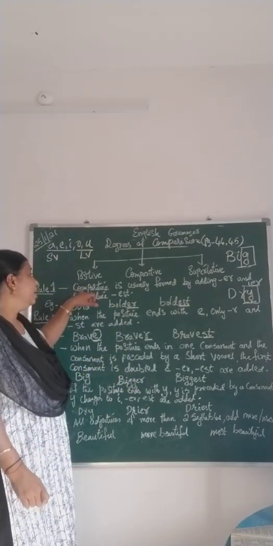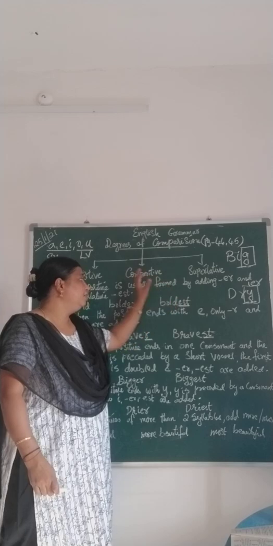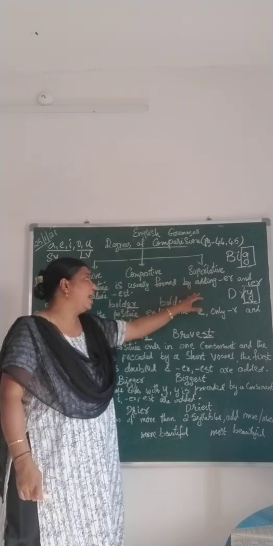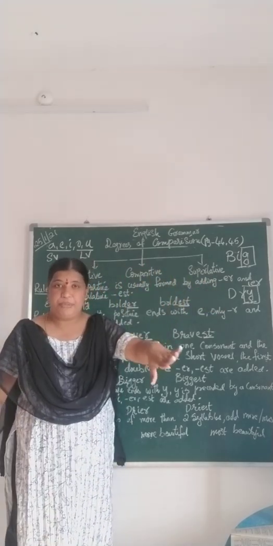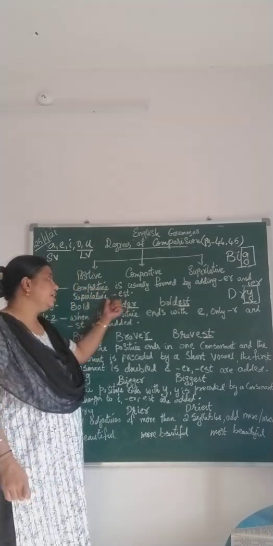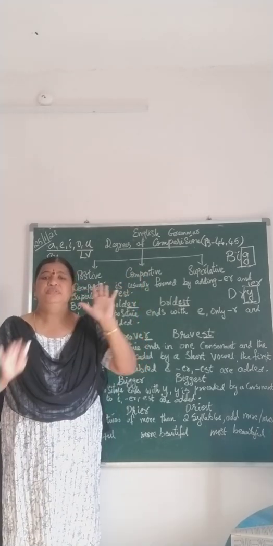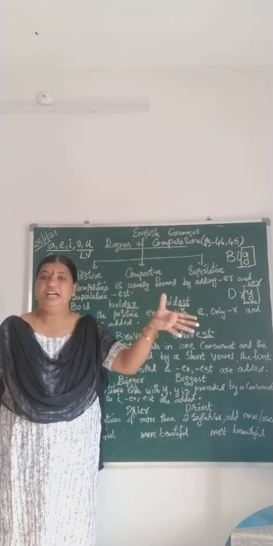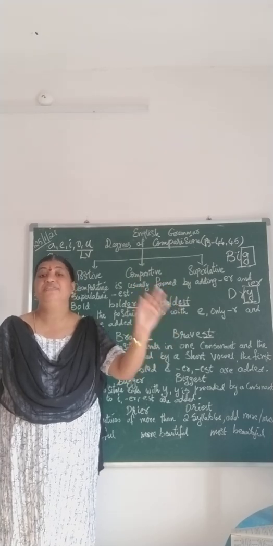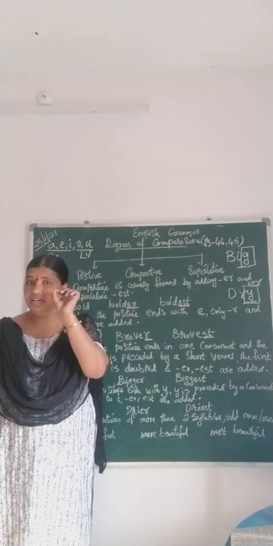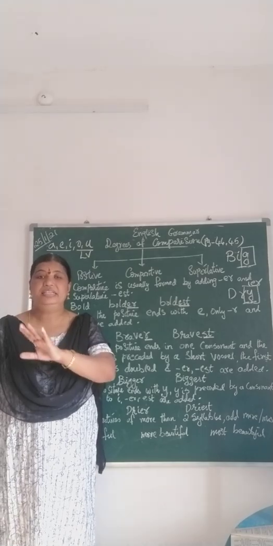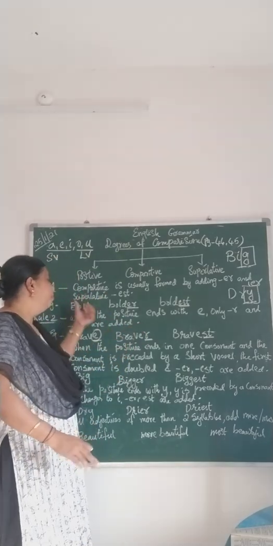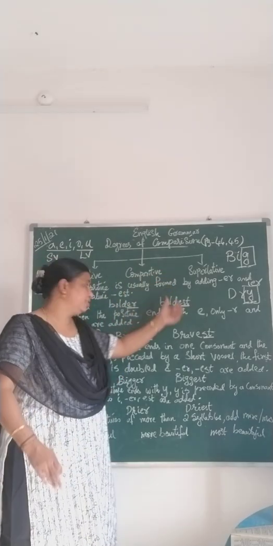Rule number 1. Generally to the positive form we add ER in the comparative form and EST in the superlative form. This is very simple. To any normal adjective, we add ER in the comparative and EST in the superlative. Bold, bolder, boldest.